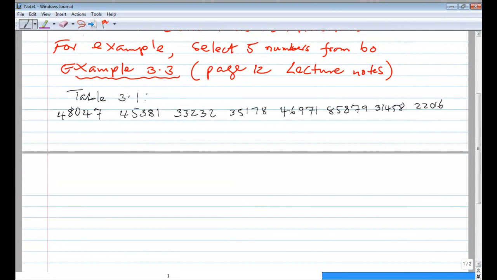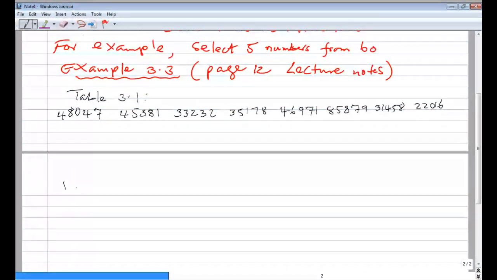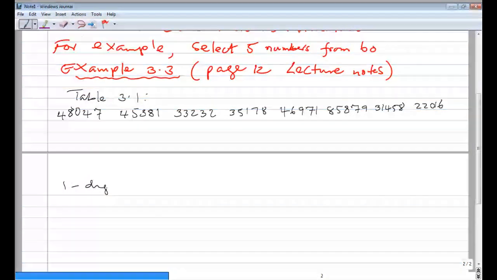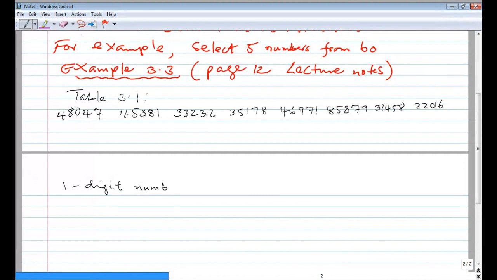When you select those numbers, you use either 1-digit numbers, or 2-digit numbers, or 3, depending on the question.